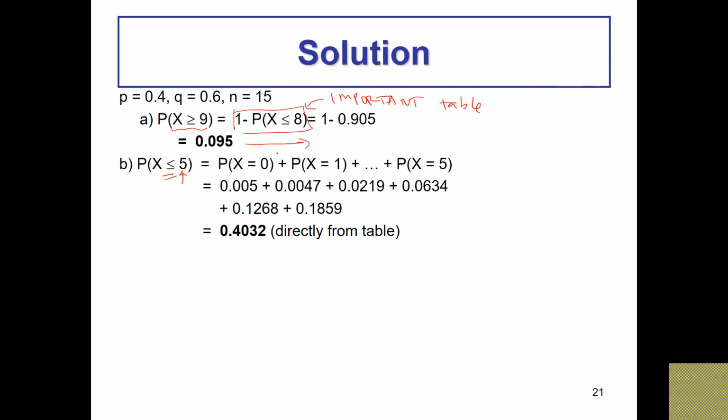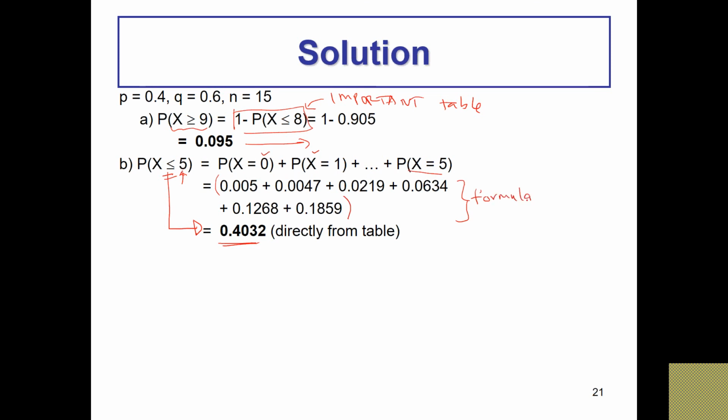Then for question B, at most, meaning that 5 is the maximum number. So you start from X equals 0, X equals 1, X equals 2, X equals 3, X equals 4, until X equals 5. You can find these one by 1, which means you use the formula, or you can find the final probability value straight away from the table.